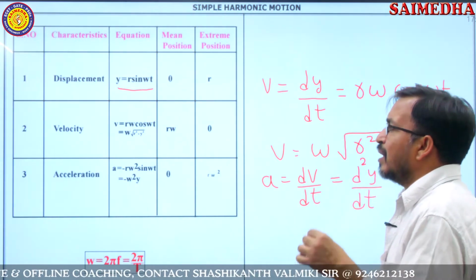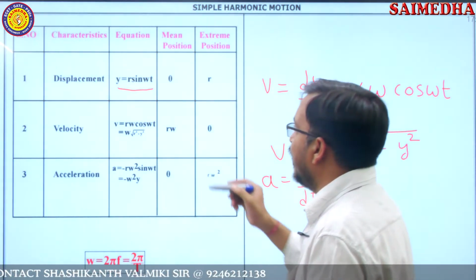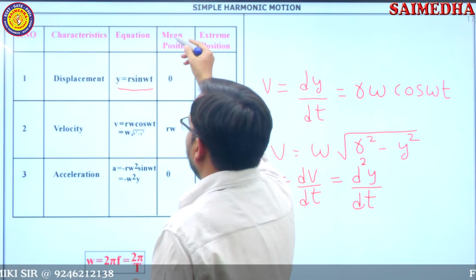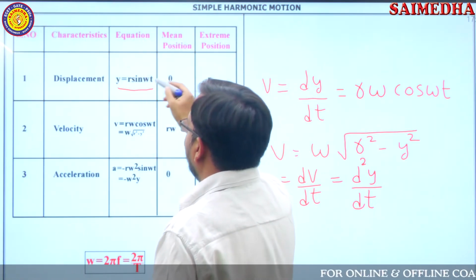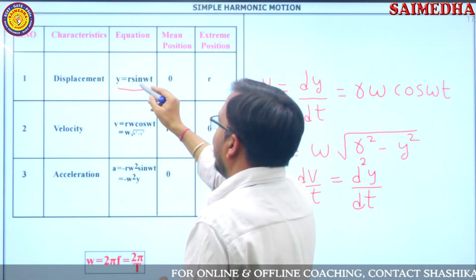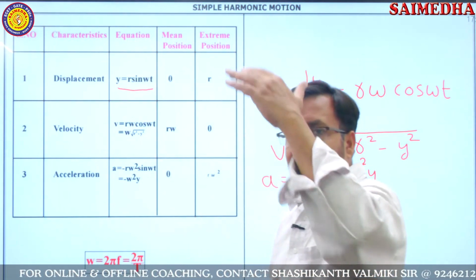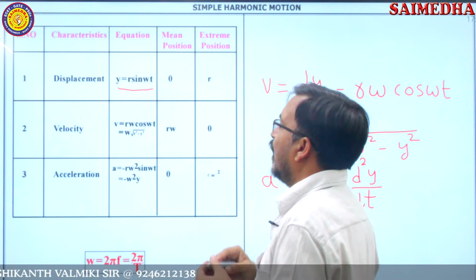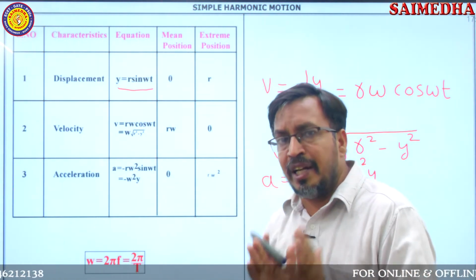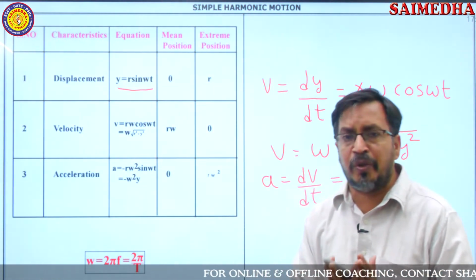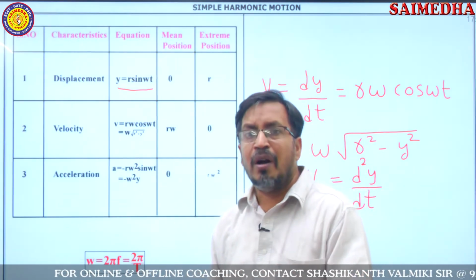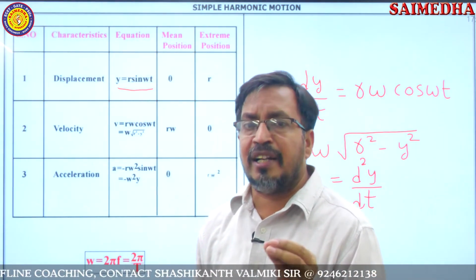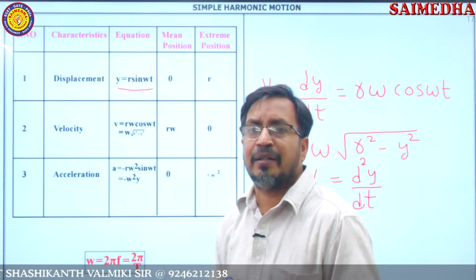Here I am considering displacement. At mean position y equals 0. At extreme position the displacement is r, then y equals r. So remember, at mean position the displacement y equals 0, at extreme position the displacement value is r.